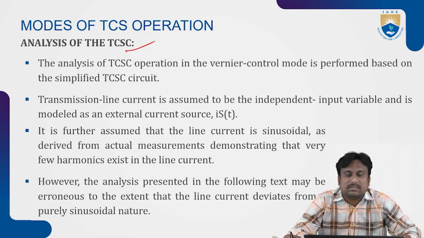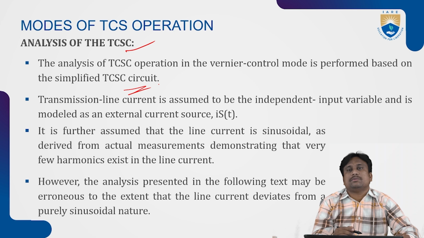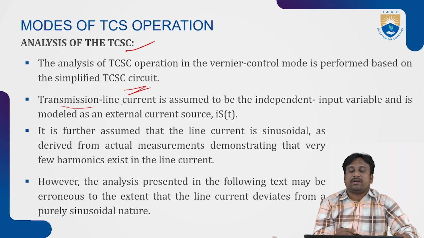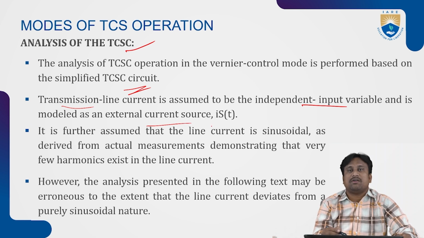So here the analysis of the TCSC operation in the Vernier control mode is performed based on the simplified TCSC circuit. The transmission line current is assumed to be an independent input variable and is modeled as an external current source Is(t).